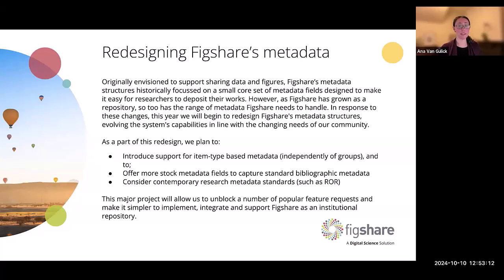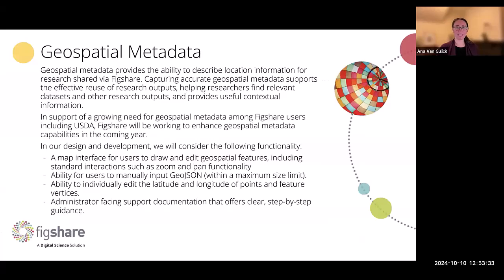So you might even need different metadata for software versus data sets. And then to include standard metadata and to include new and emerging metadata standards, for example, that ROR persistent identifier for affiliations and funders is one thing that we'll be doing as part of this. And then geospatial metadata is the other one.